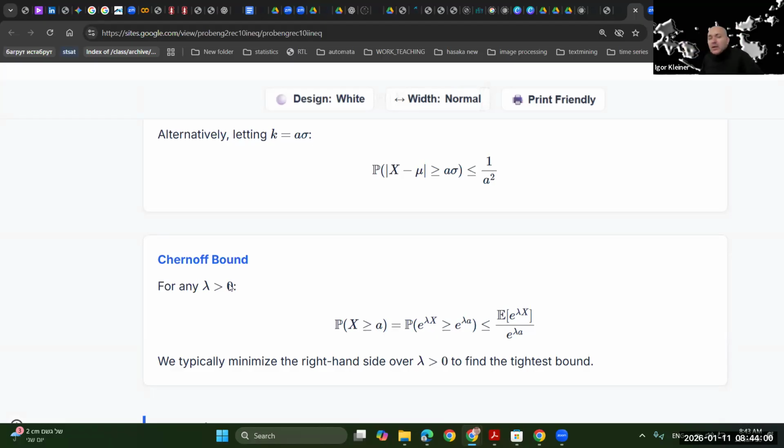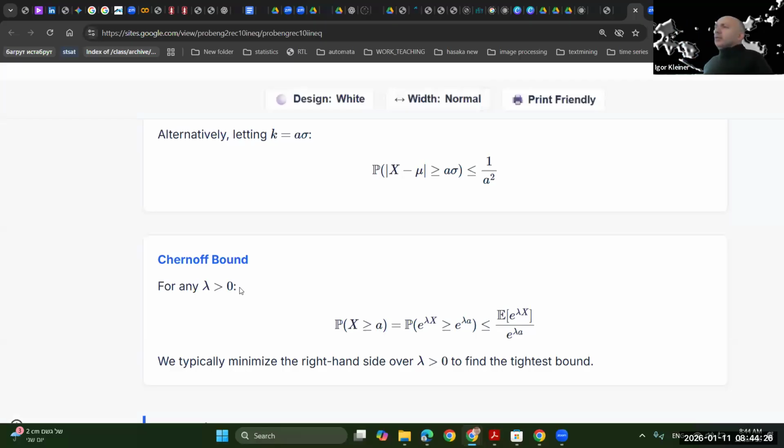So here we have an inequality in the form of a function of some parameter lambda. You can choose any lambda greater than 0, but we want our inequality to be tight, to be precise. So we choose the lambda that minimizes this expression.